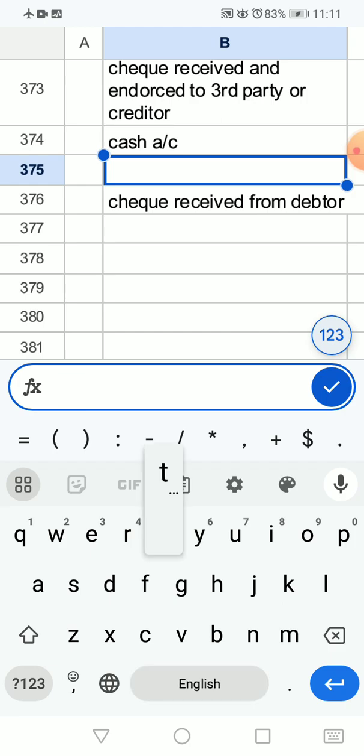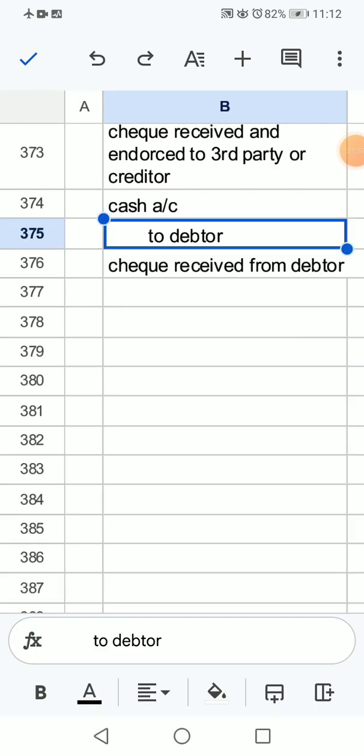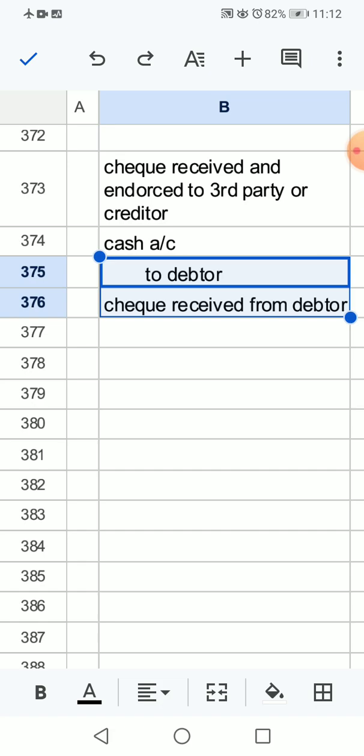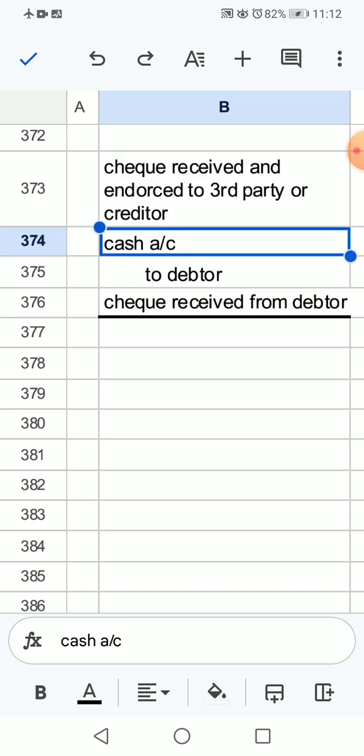That is why you have written name of debtor on credit side. This is your first entry. You have received a check from your debtor, and since that check has not been deposited in the bank account, so for the time being you have written it as your cash.